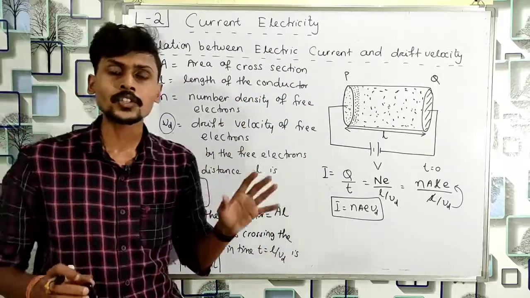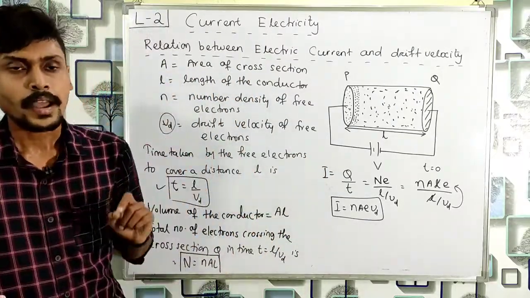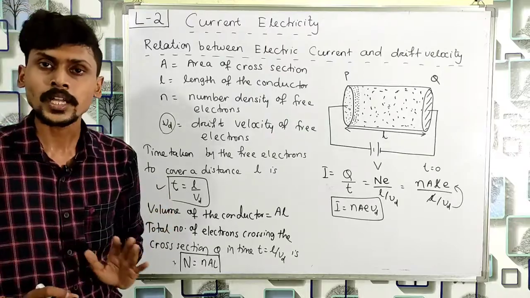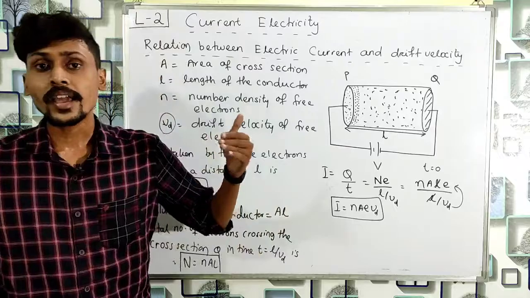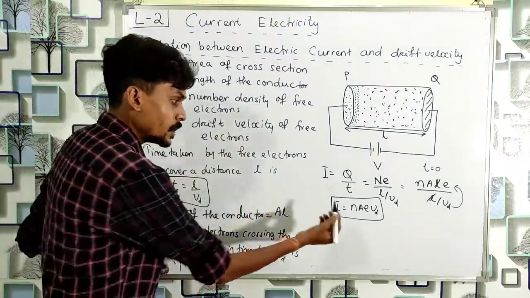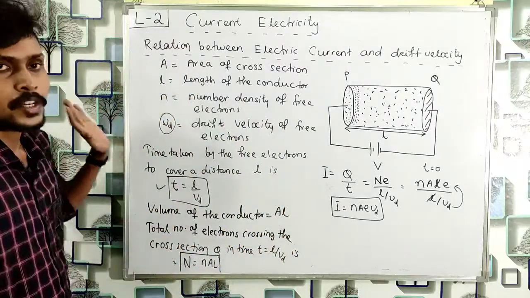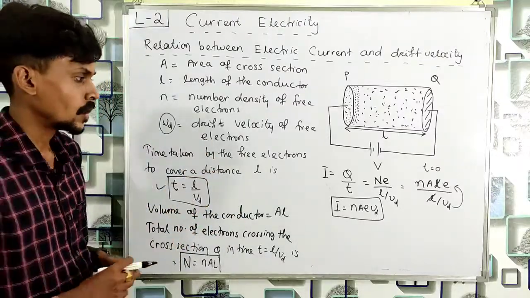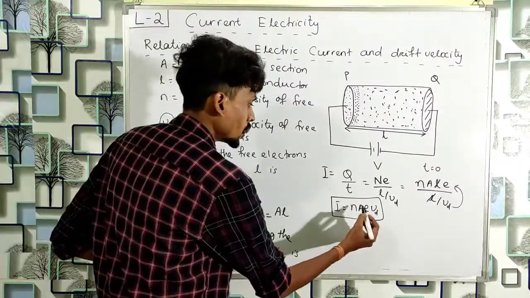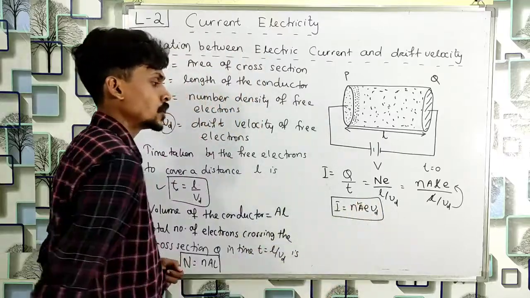So this is the relation between electric current and the drift velocity. Is that clear? So now look at this equation: I is equal to nAeVd. Small n means the number density of free electrons, which is fixed for a given conductor, and the area of cross section is also fixed.